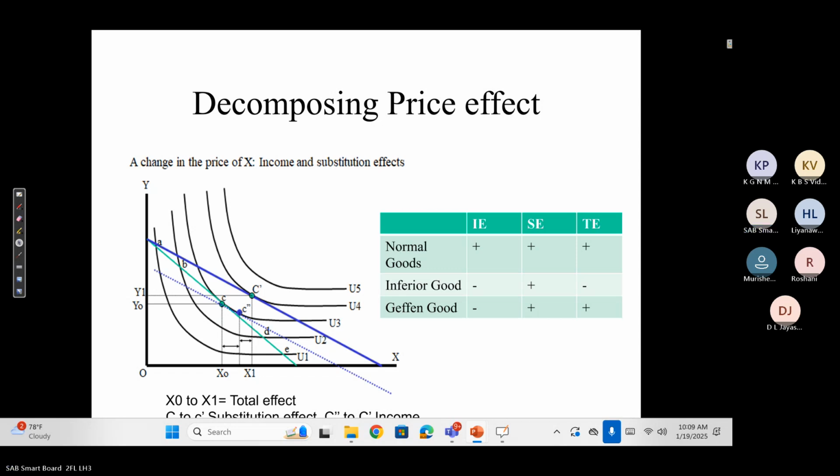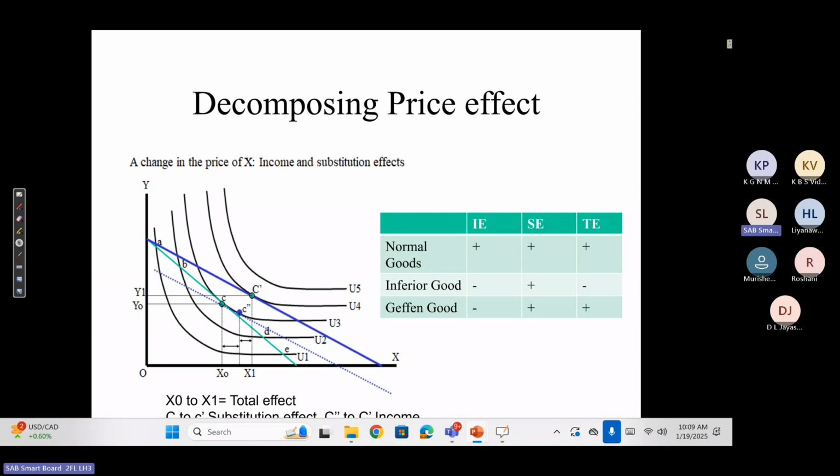Total. Now we want to decompose. We need to identify the income effect and the substitution effect. Due to the combined effect, we are moving from X0 to X1, from C to C prime. So in order to remove the income effect, what can we do?